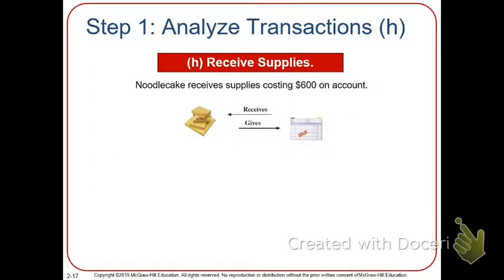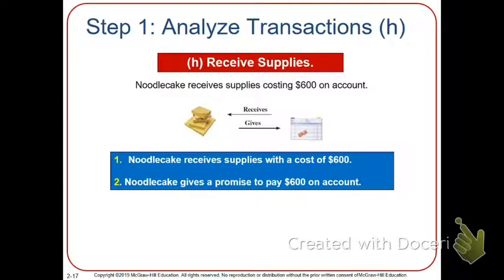And then the last one is Noodlecake received supplies of $600 on account. So what did we get? We got $600 of supplies. Okay. Up 600. And then accounts payable, 600. Not cash.